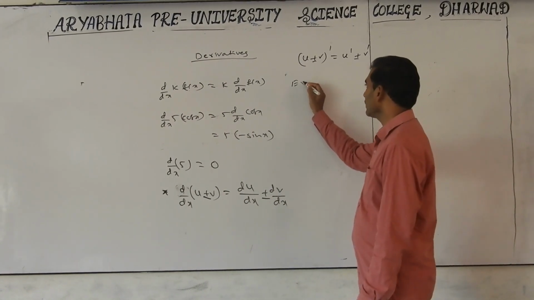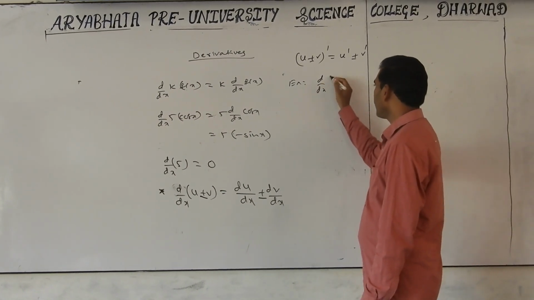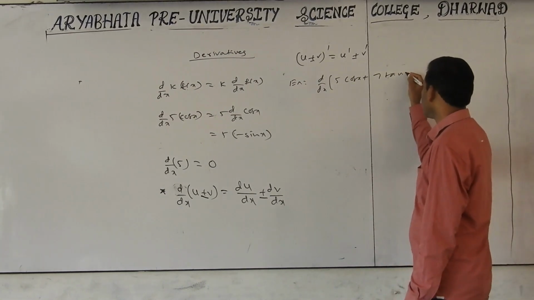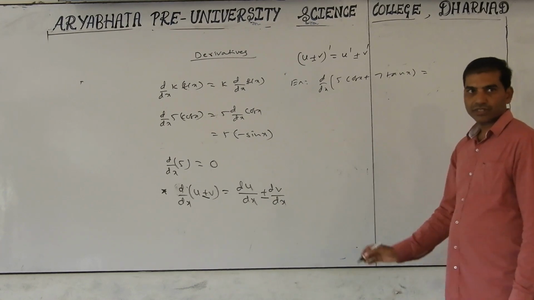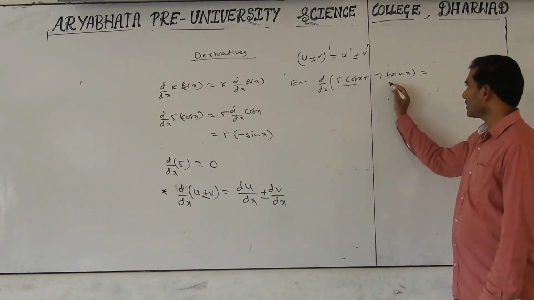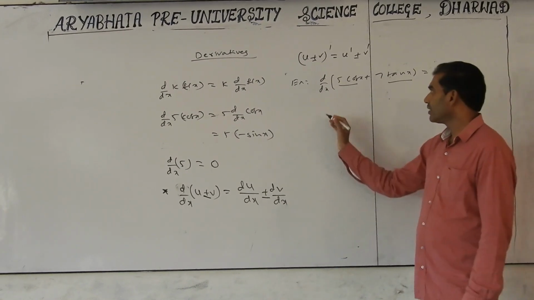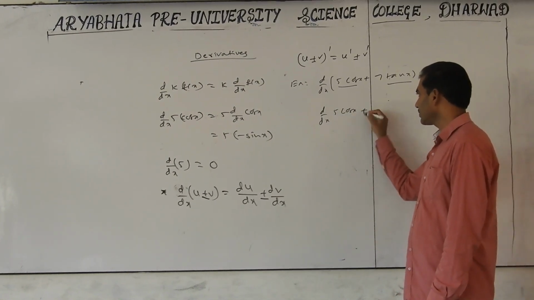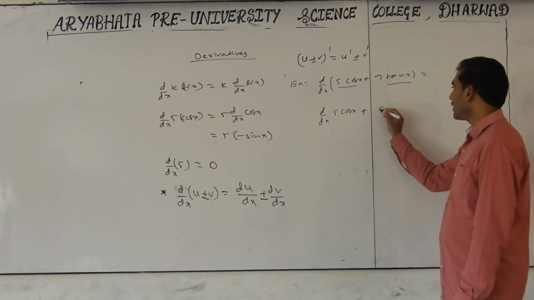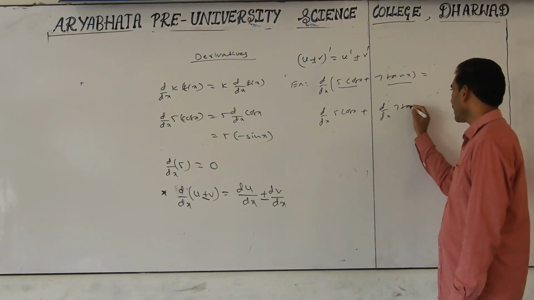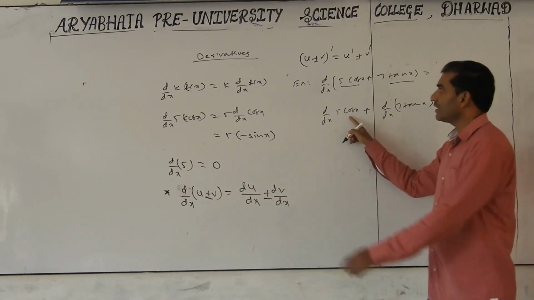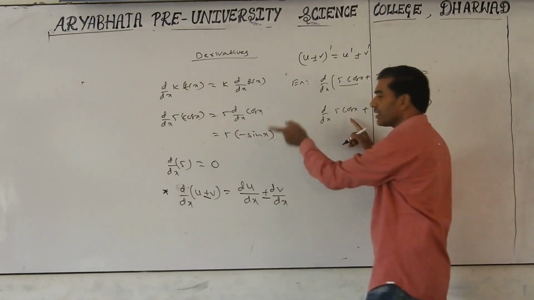Example: d by dx of 5 cos x plus 7 tan x. There are two functions here, u and v. So d by dx of 5 cos x plus d by dx of 7 tan x. Now this again contains the property k into f of x.